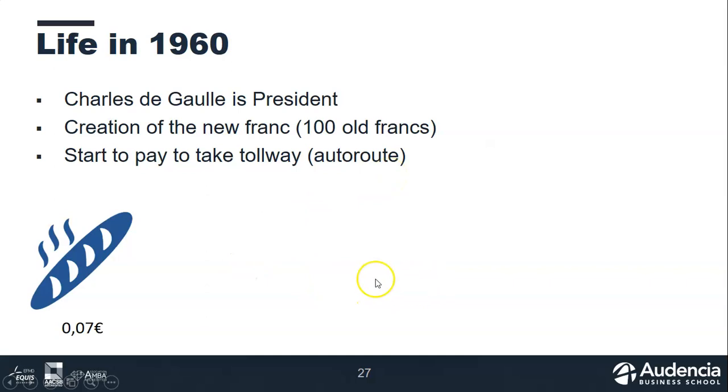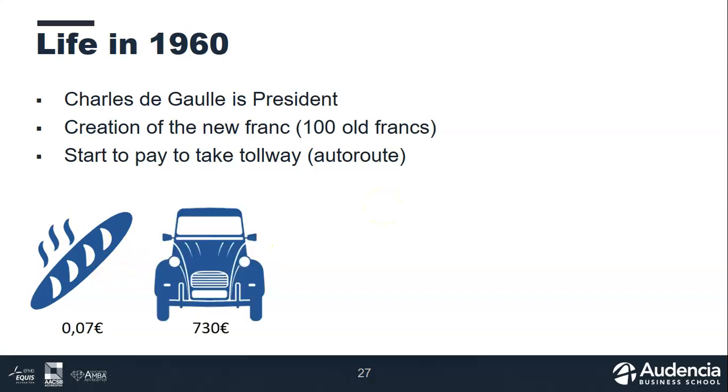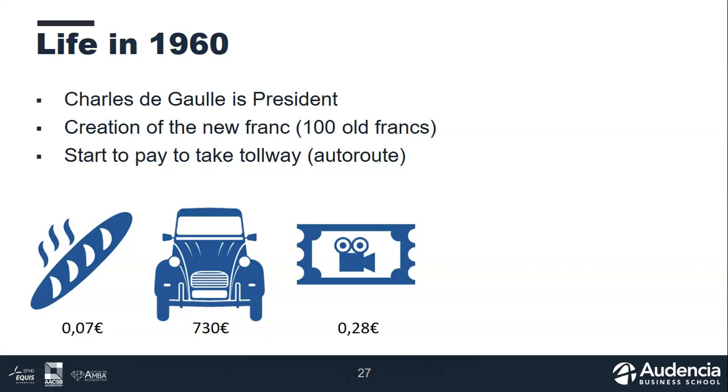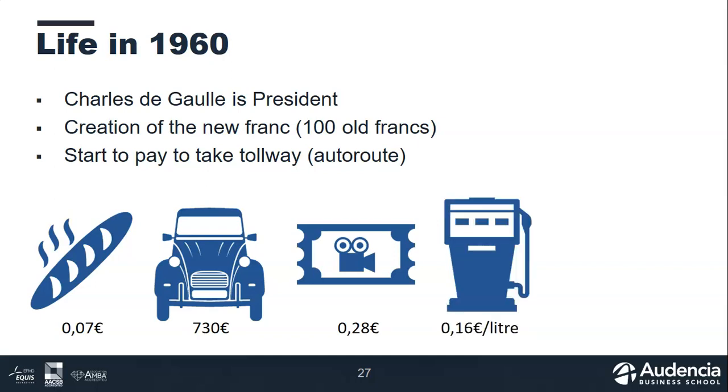What else was going on in life back then? You could buy a baguette for about 7 centimes of a euro. A car, 2 chevaux, a 2CV car, very popular with young people. The price was about 730 euros. Movie tickets, 28 cents to see the movie.